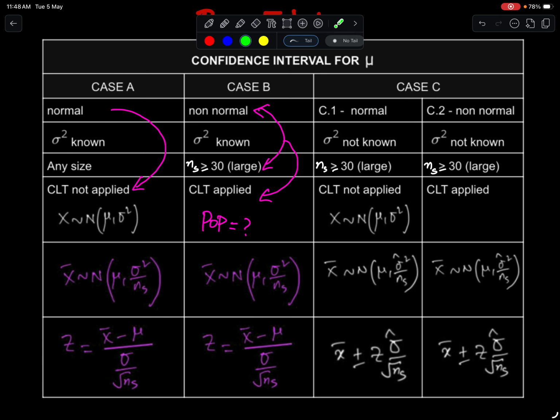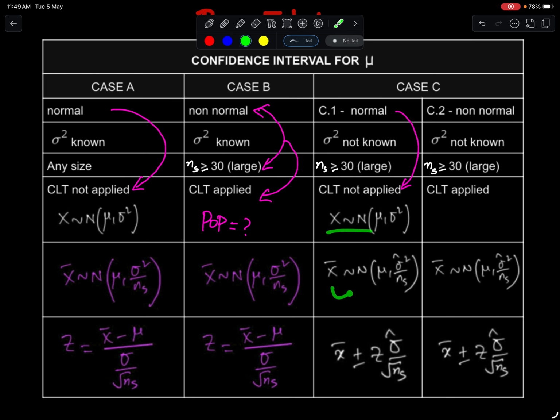Case C is divided into two cases, C1 and C2: population is normal, and population is non-normal. When population is normal, the chapter of CLT is closed. Never apply CLT. Now here sample size is large because sigma square is unknown. So when sigma square is unknown, sample size must be large. So X bar is perfectly normal.